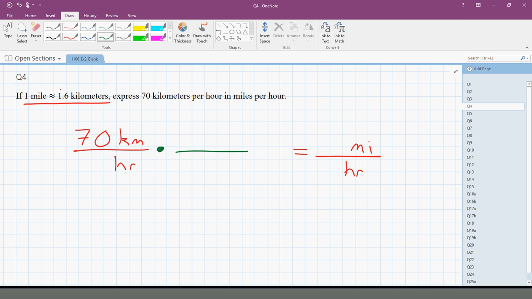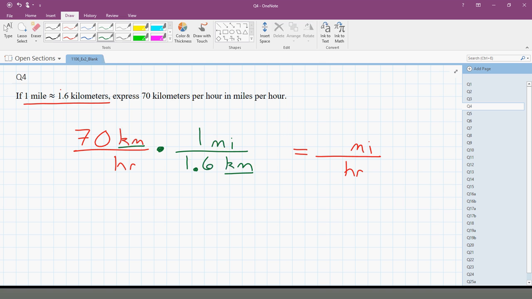No, 1.6 is not above. We'll multiply my miles and divide it by 1.6. Yeah, remember, the label you're trying to get rid of goes in the bottom. Kilometers. Yeah. And then on top should be the 1 mile.